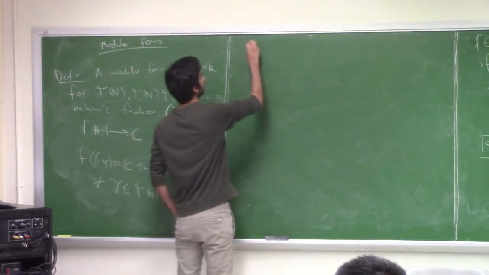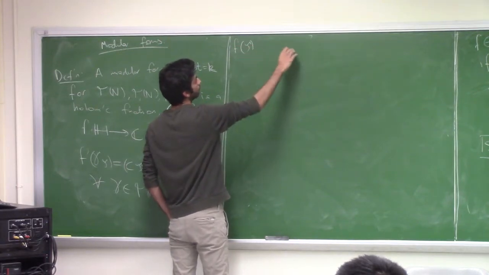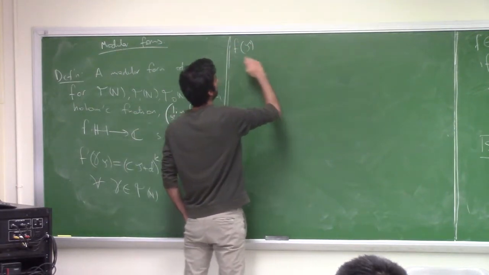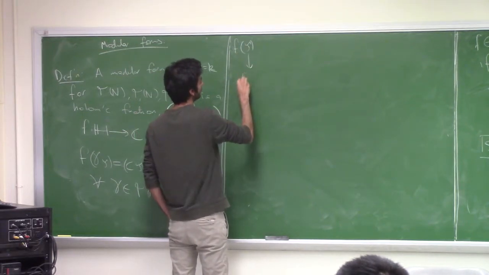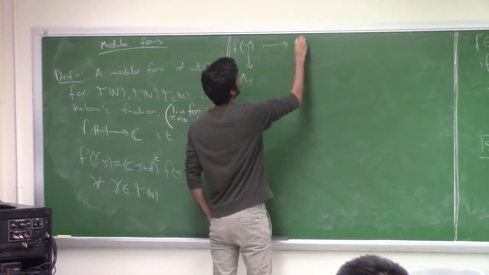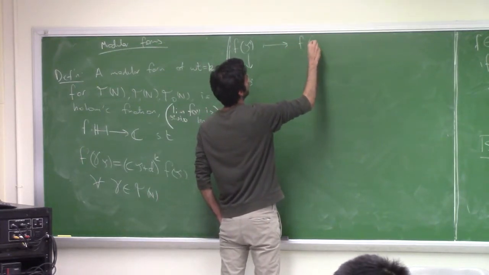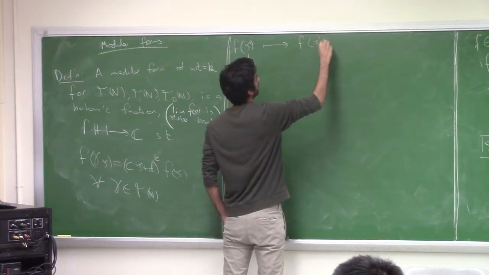So remember, for every tau, we're looking at the function f of tau, and we want to somehow act on it by some operator. For every tau, we have this lattice lambda tau, and we evaluate it at all the things f of tau prime.